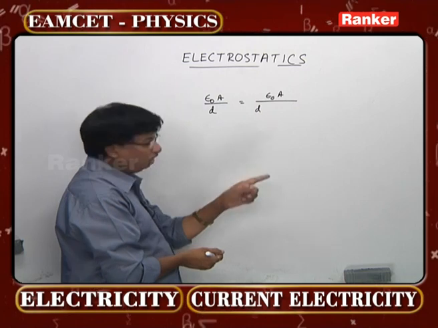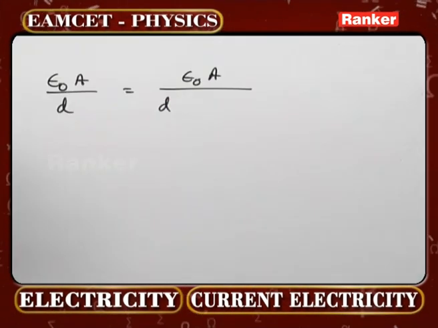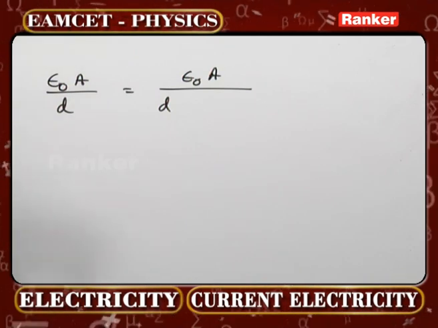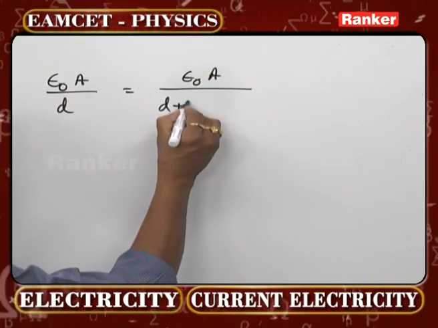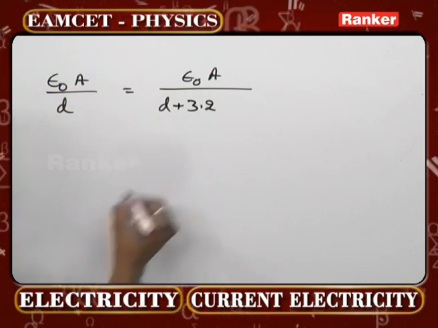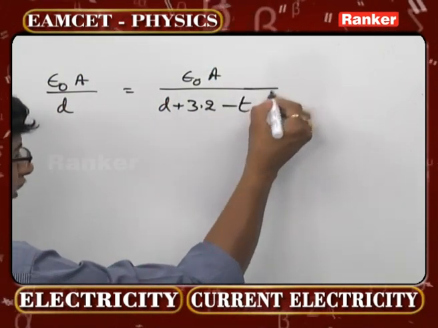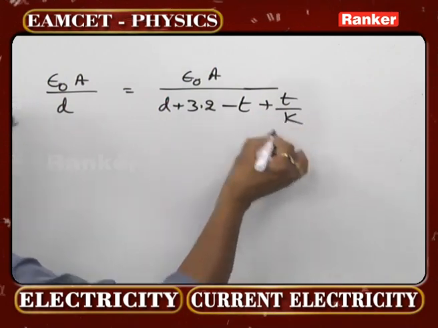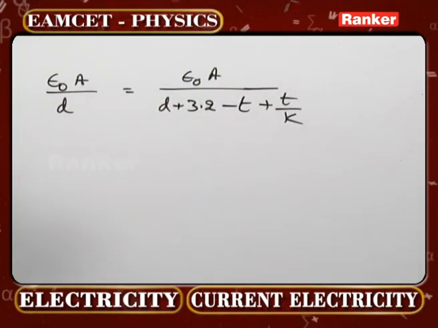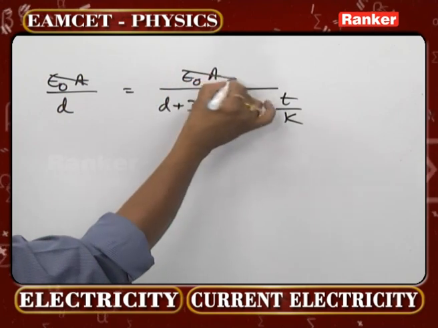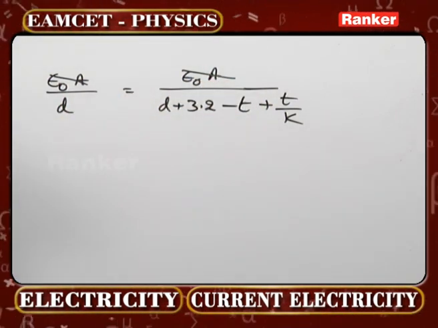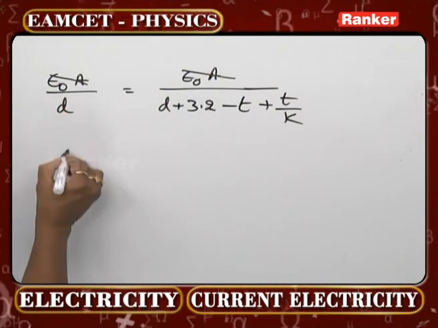But what he said, to maintain the same old capacity, distance between the plates is increased by 3.2 mm. So D plus 3.2 minus T, right? D minus T plus T by K, these two are to be equated. So if you cancel these two off in the numerator, D also gets cancelled over here. So what is now left over? You check this one.